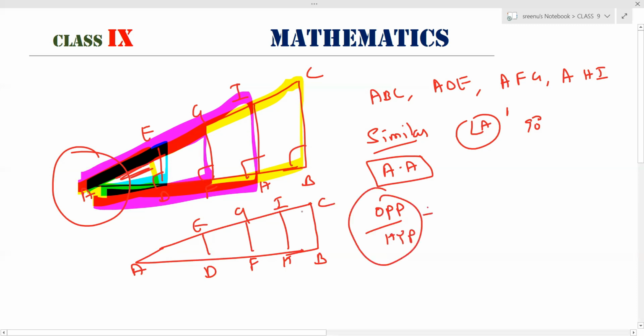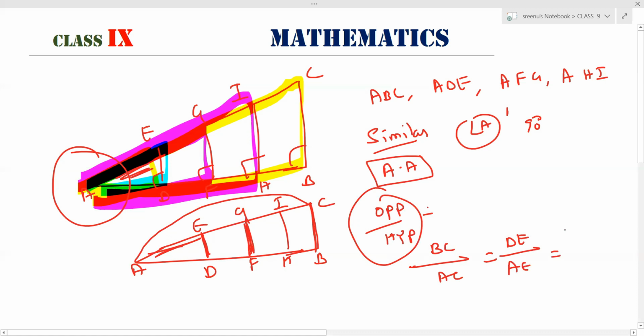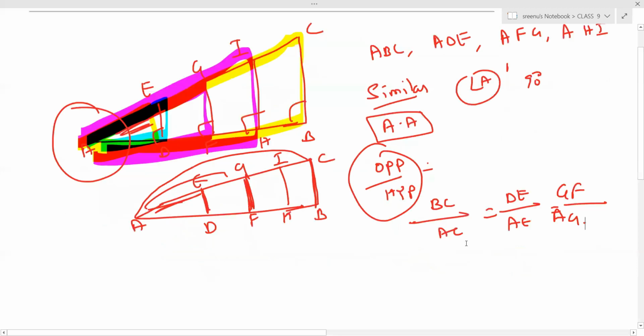Here, in the big triangle the opposite side is BC, and the hypotenuse is AC. And in the small triangle the opposite is DE, according to A, and hypotenuse is AE. And the next, this one, GF by AG. So if you take these lengths, we will get the same ratio.